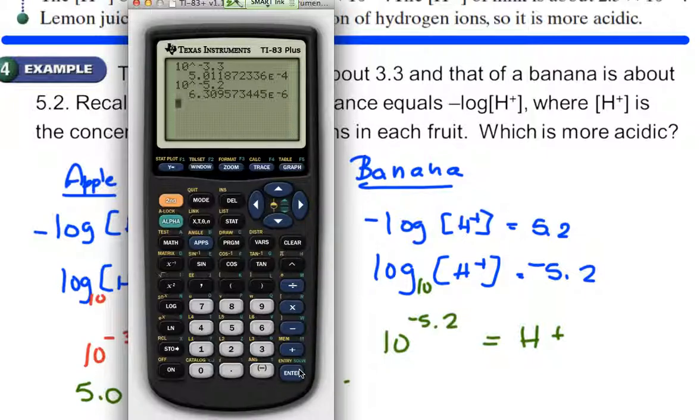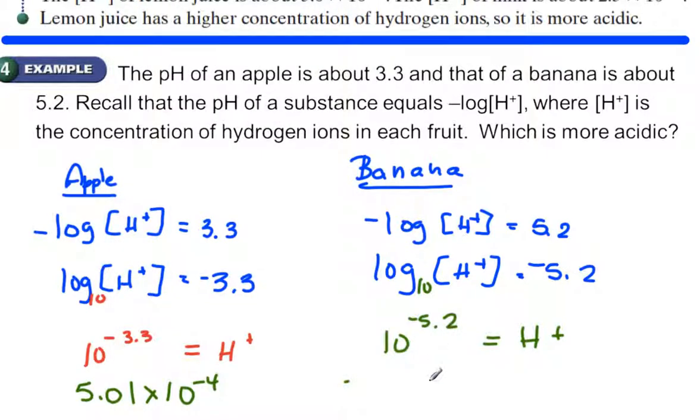That is 6.31 times 10 to the negative 6. Since the apple has more hydrogen ions, the apple is more acidic. All right, that's it for these examples. I know it's overwhelming, but practice will make perfect, and this is something that you will be able to do and do successfully.